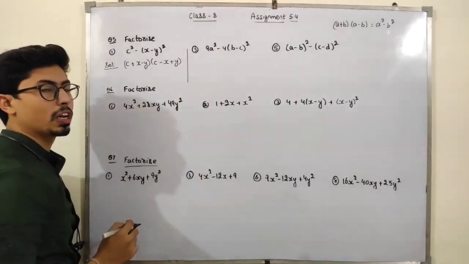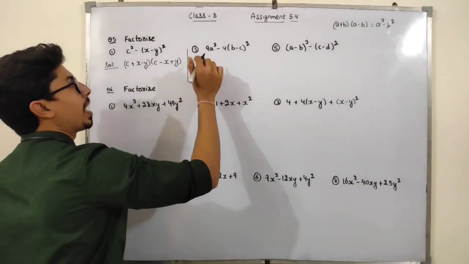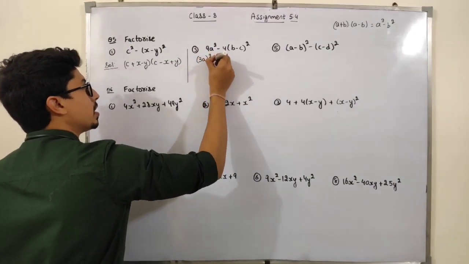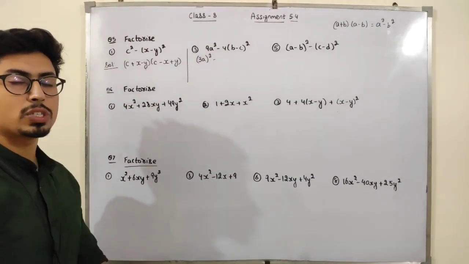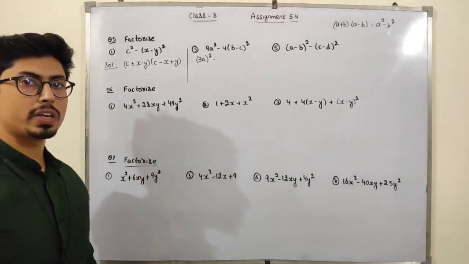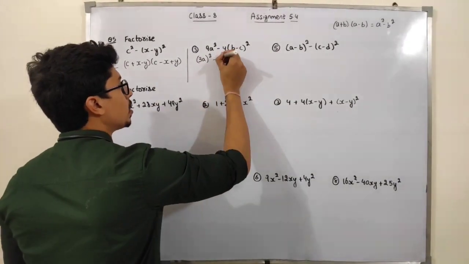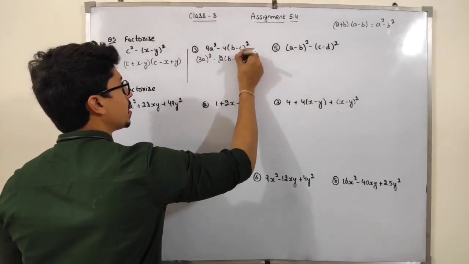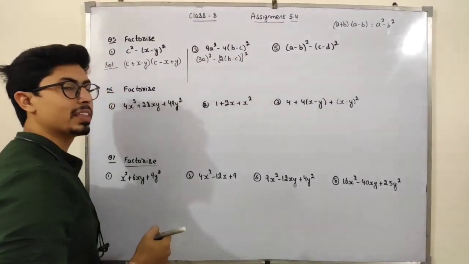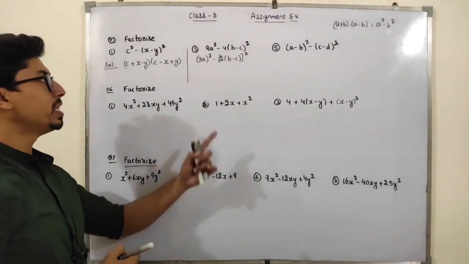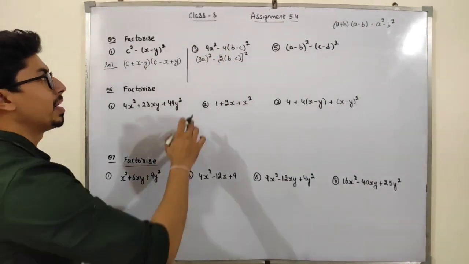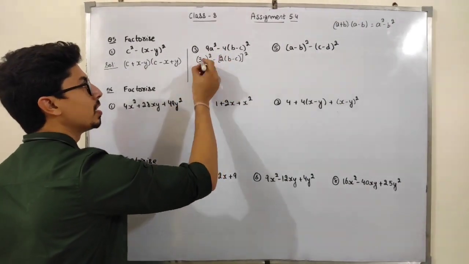Similarly, in this particular question, students, I can write this 9a square as 3a square, and this as 2b minus c whole square. I can write it like this. Now, students, I can use the formula a square minus b square again. Here, this is a and this is b.